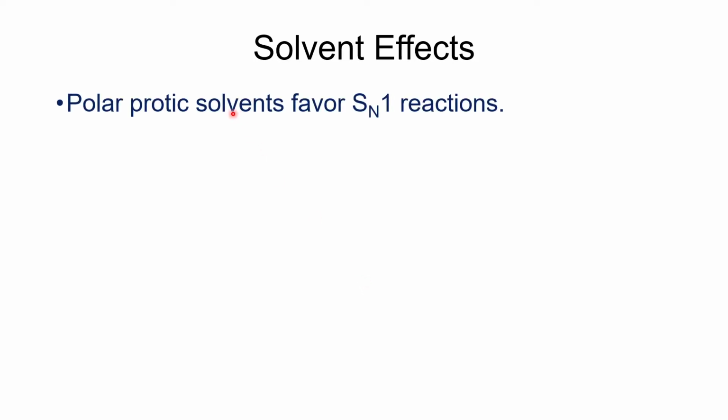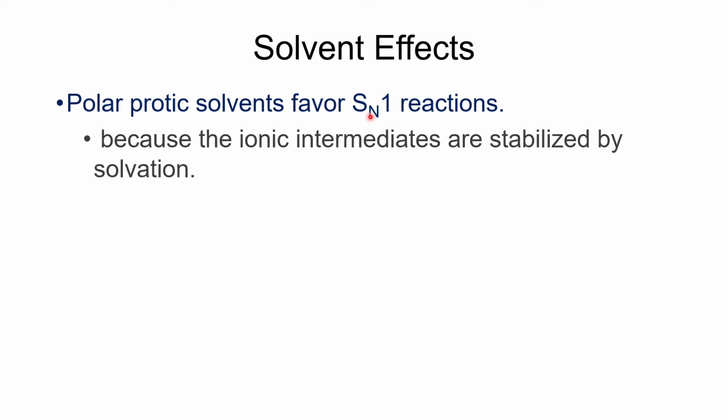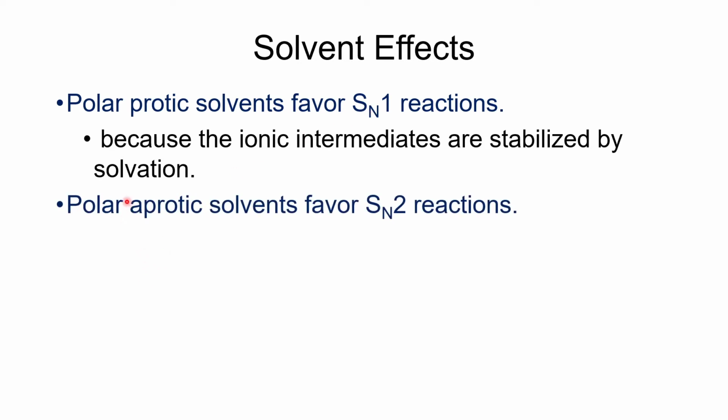All right, solvent effects. Polar protic solvents will favor SN1 reactions, and that's simply because with the polar protic solvents we'll find that the ionic intermediates are stabilized by solvation. Particularly the anion is more stabilized by solvation. So polar protic solvents tend to favor the SN1 reaction. Polar aprotic solvents tend to favor the SN2.